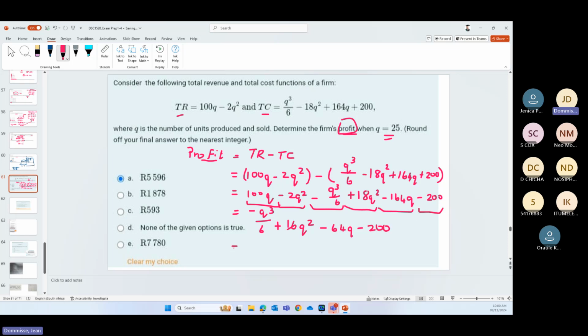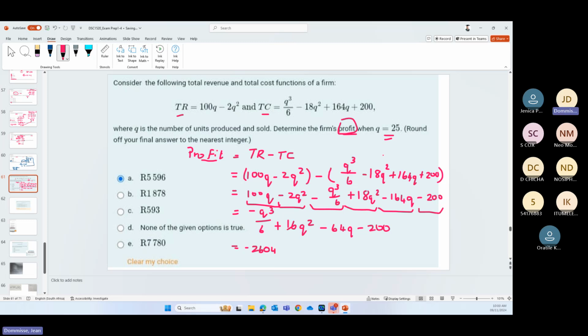Then what I will do is put Q equals 25 in. So it's minus 25 to the power of 3 divided by 6. That first one is minus 2604.